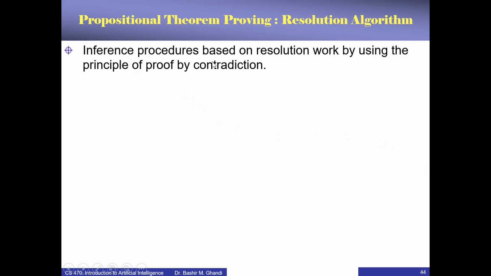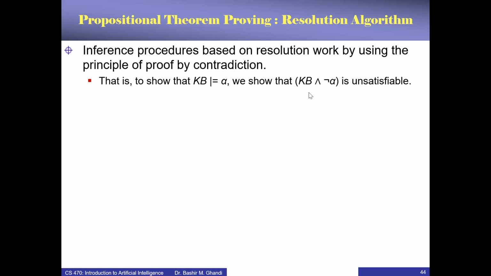So here it says inference procedures based on resolution. They work by using the principle of proof by contradiction. That is, to show that KB entails alpha, what we do instead is we show that KB and not alpha is unsatisfiable.